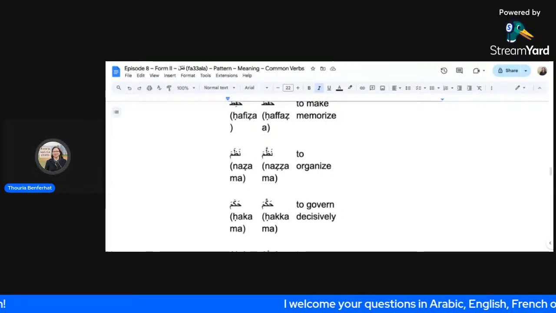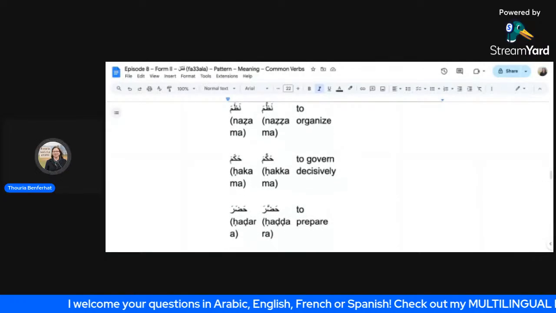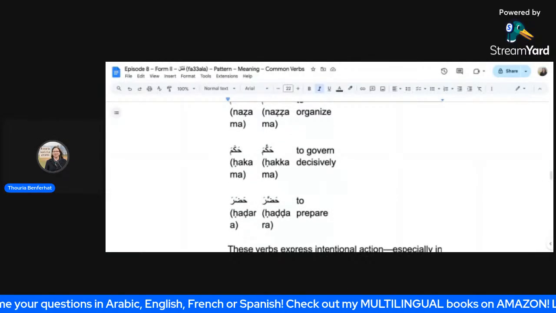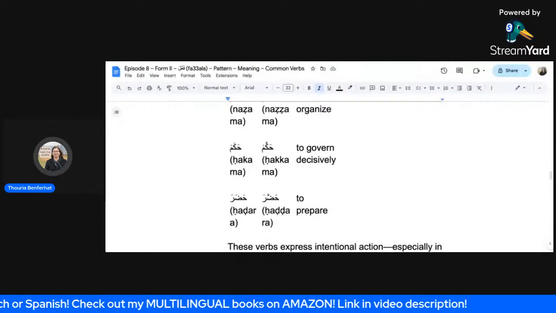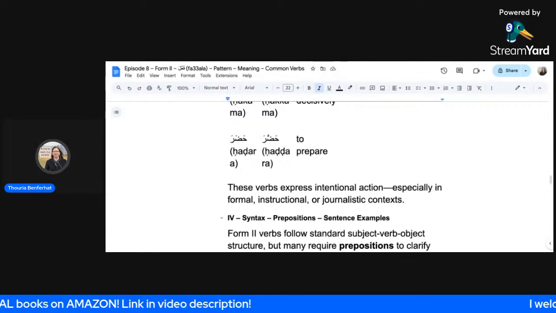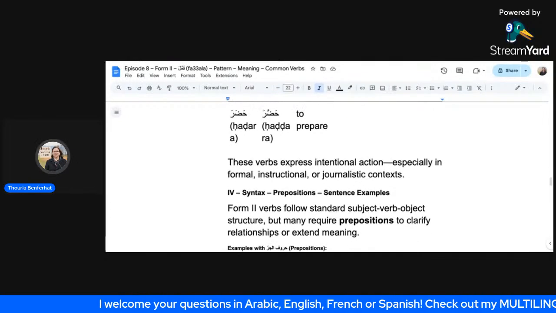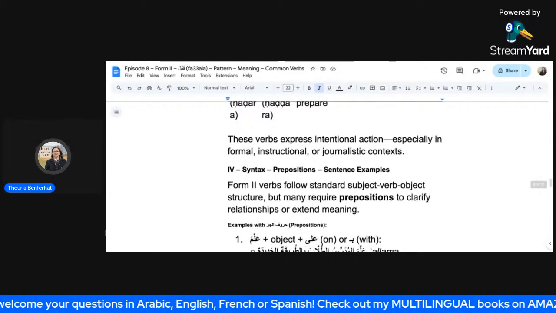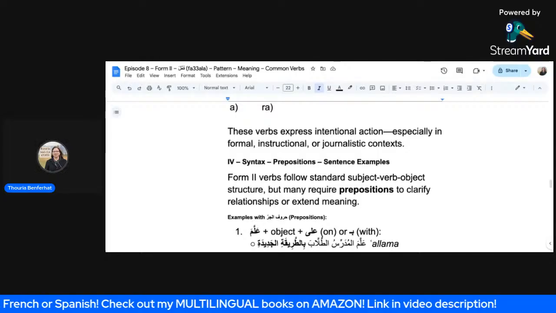It's like a step beyond just arranging. Hakama is to rule, hakkama is to govern decisively or to make someone rule. And then hadara is to be present. Haddara is to make something present by preparing it. Haddara is to prepare. These verbs express intentional action, especially in formal, instructional, or journalistic contexts.